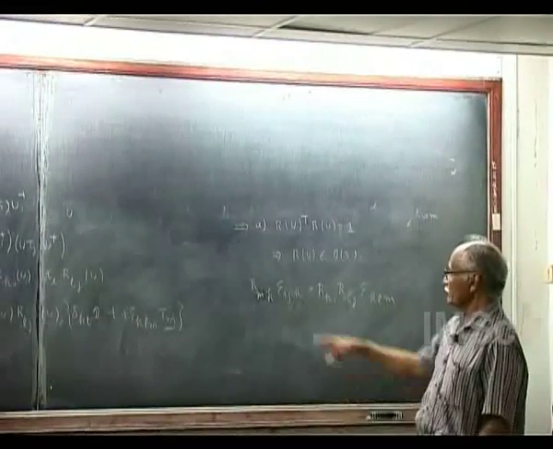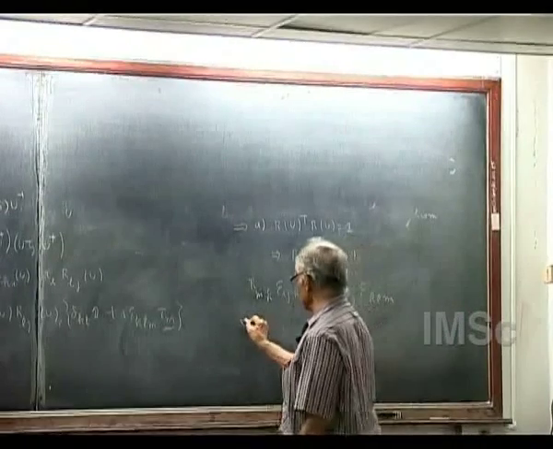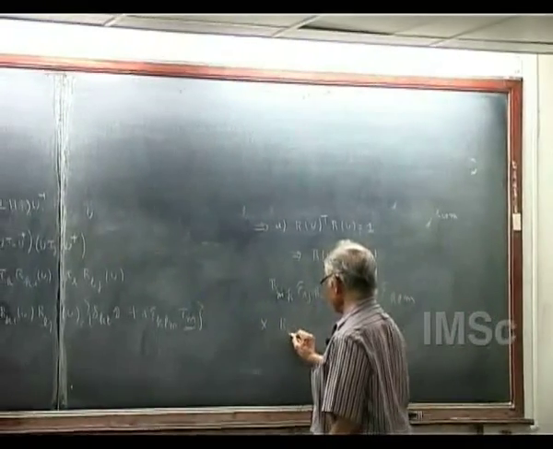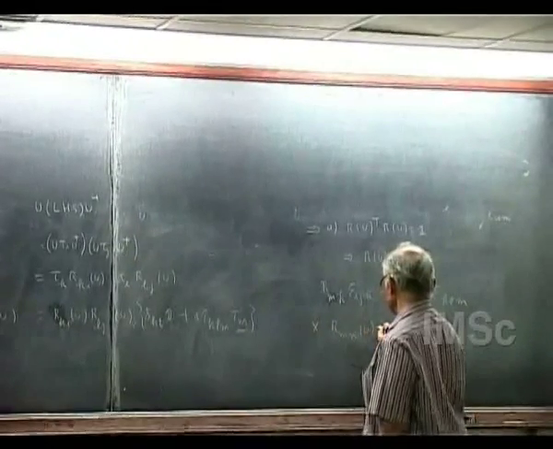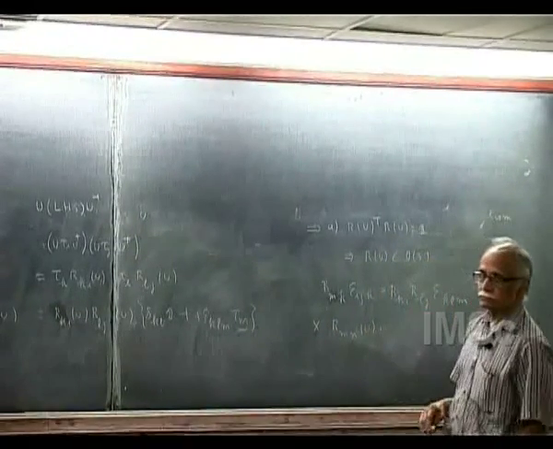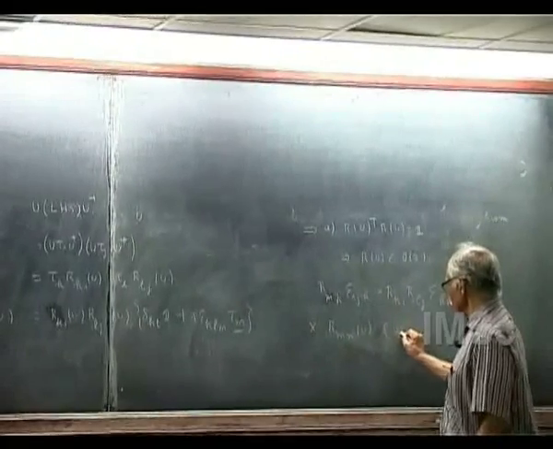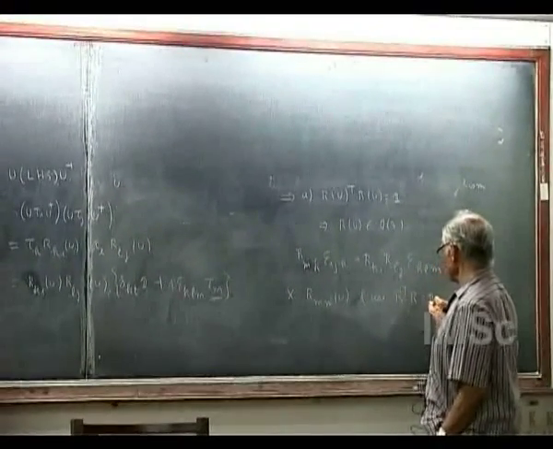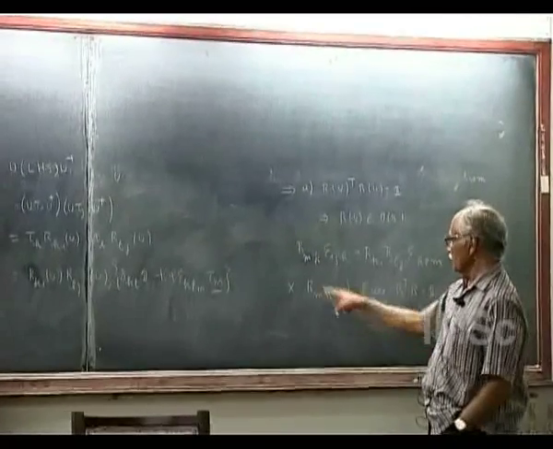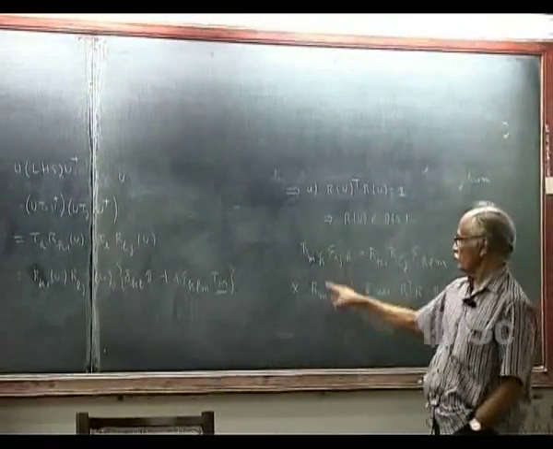Now I want to peel off this R and put it on the other side. So what I will do is multiply this by R m, some index n, of course u, and use R transpose R equal to 1. So this one will give me delta Kn because of orthogonality.